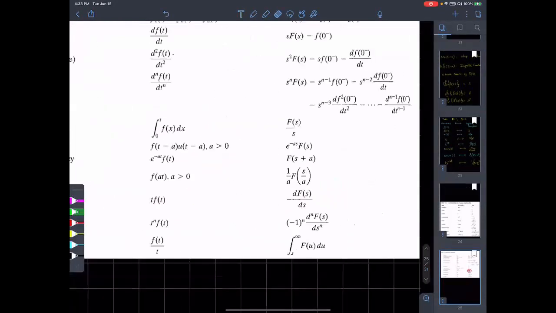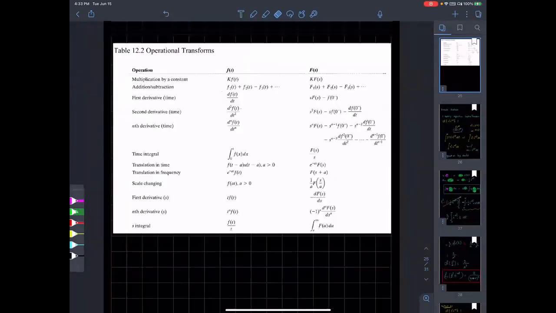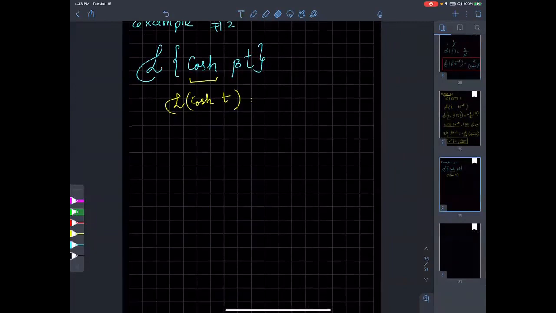So we have a way of going from f of t to f of at. So the first thing I'm going to do is find the Laplace transform of cosh t, then worry about cosh beta t later.